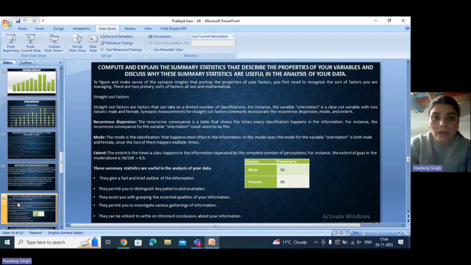There are two primary types of variable, categorical and numerical variables. For categorical I am using the mode and frequency. Summary statistics are useful in analysis of your data. They give a first read of the information. They allow you to distinguish key patterns and examples. They help you with grasping the essential qualities of your information.